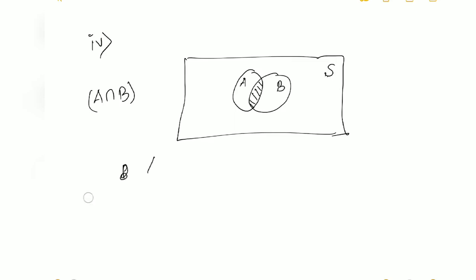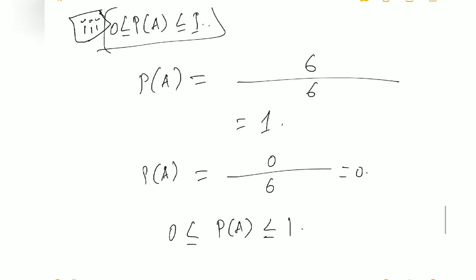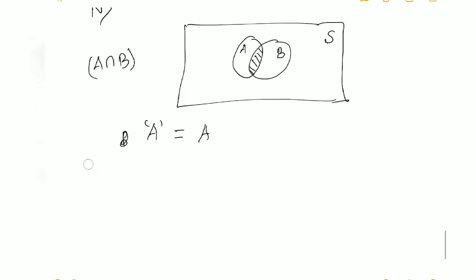Now you need to find the region A. How can you find the region A? If you take A and then subtract B, that means you now have this much area.